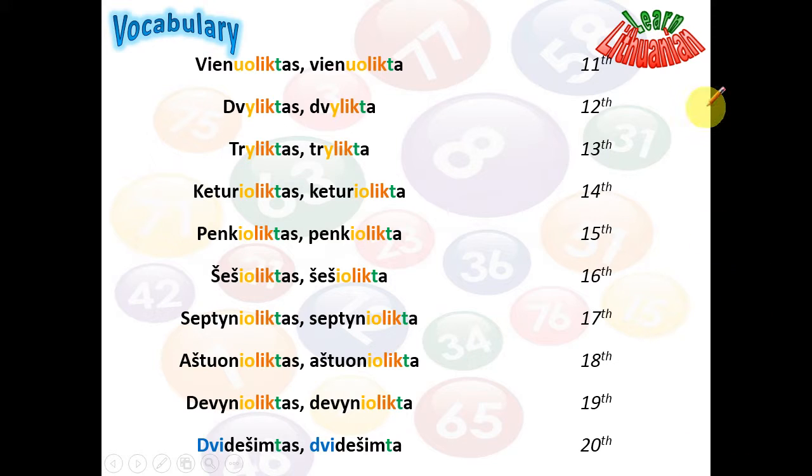Now let's get back to those numbers from 11. Vienuoliktas, vienuolikta. Dvyliktas, dvylikta. Tryliktas, trylikta. Keturioliktas, keturiolikta.